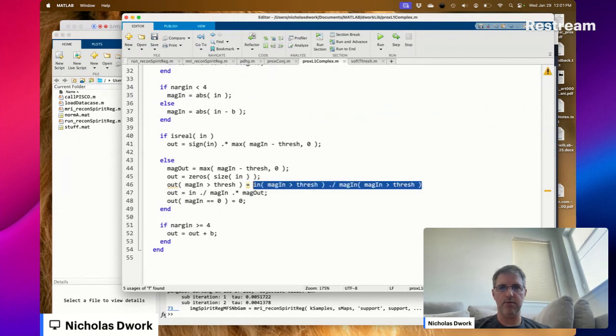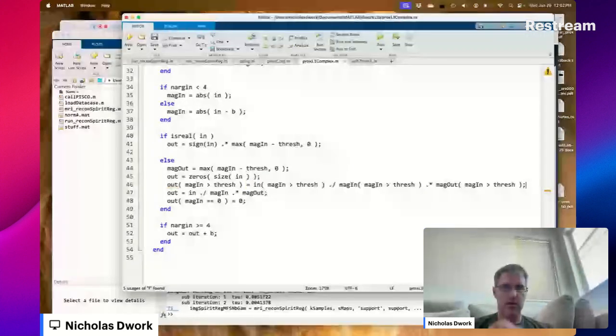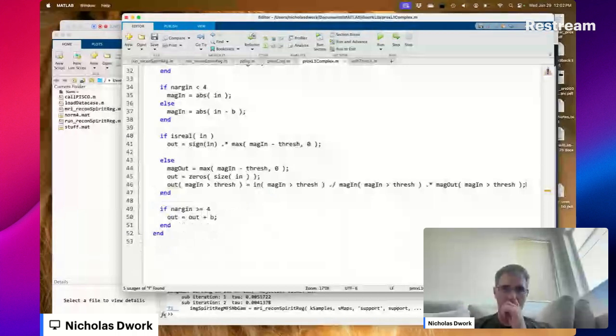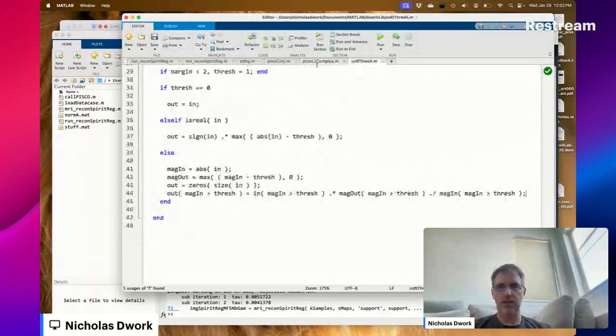The result of this division is a unit vector of n. Okay, so that gets rid of that. They're equivalent. It doesn't matter.